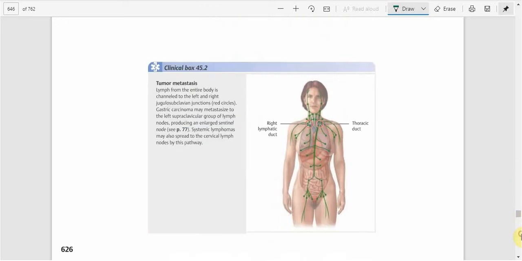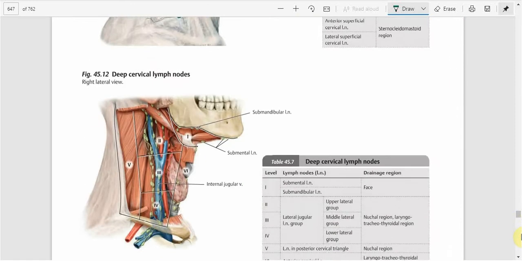Then we have this interesting series of nodes, second, third, and fourth, and these are known as the lateral jugular lymph nodes, because they're located along the internal jugular vein. So these are known as the upper lateral group.